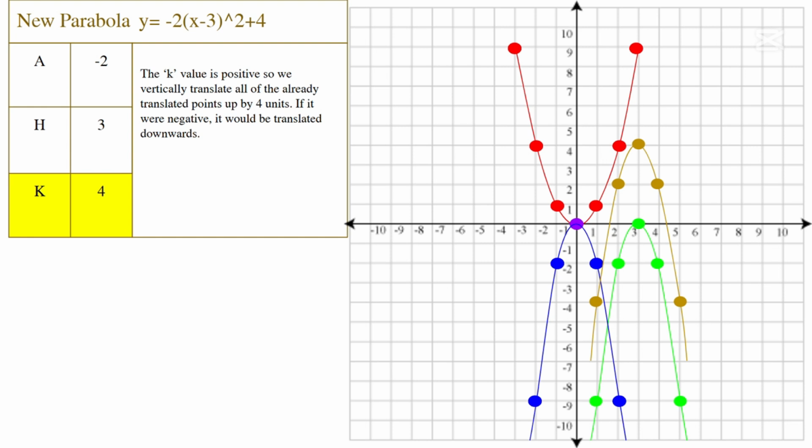Right now our k value is +4, so it would be translated up by 4 units, and if it was negative, then it would go down by 4 units. But since we have 4, our parabola is over here right now. Now we need to go up by 4, so we go up 1, 2, 3, 4, and we get to our spot. And now you do that with every single point, and you should get that.